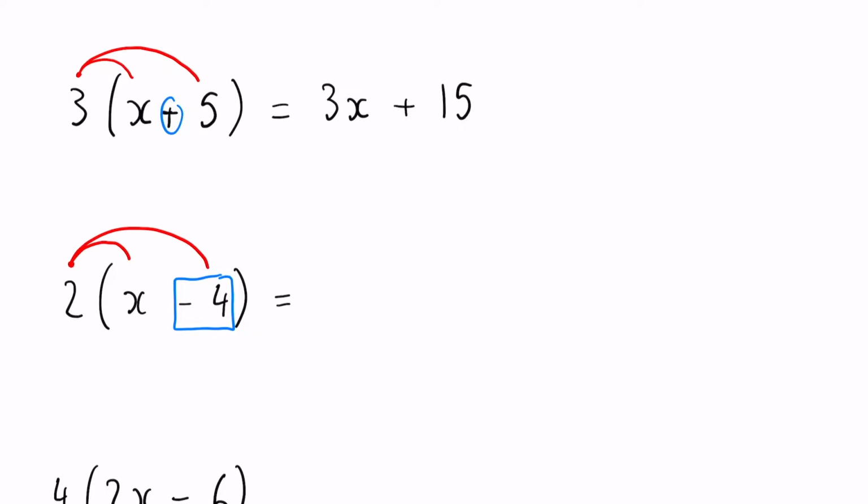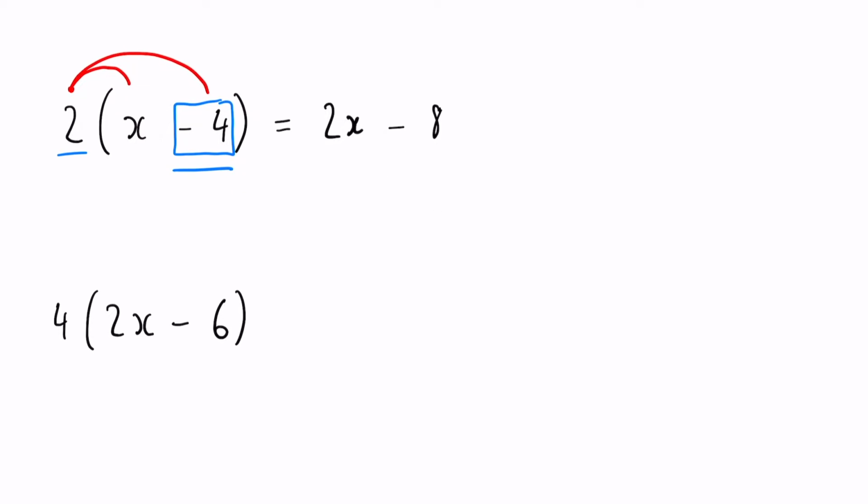So we want 2 times x, which gives us 2x. And then we've got 2 multiplied by this minus 4. So 2 times a minus 4, from our negative number rules we learnt in that video, is a minus. And 2 times 4 will give us 8. And that is your final answer.